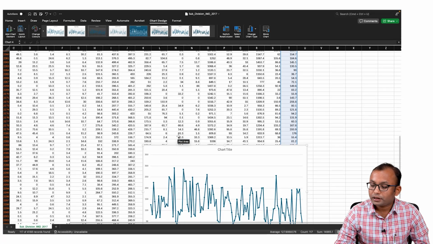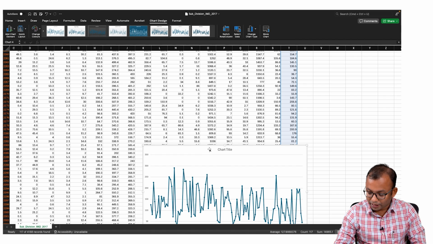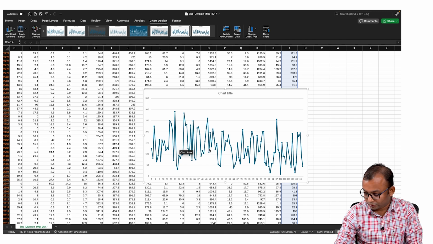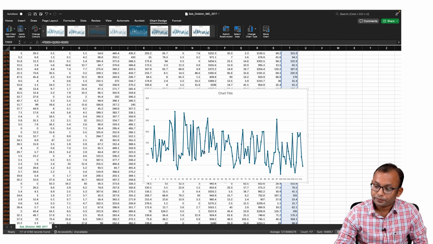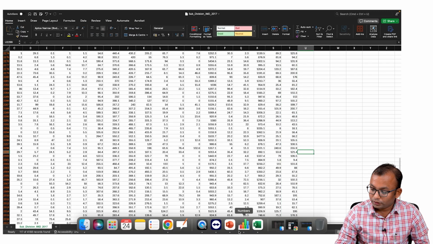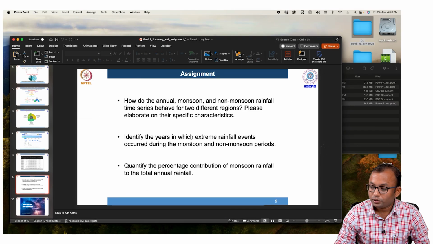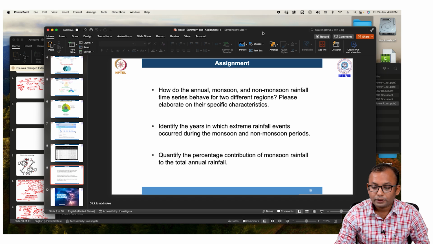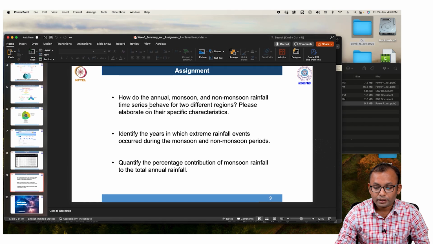So, this analysis gives an idea about how the climate behavior has changed across different months in the eastern Madhya Pradesh region throughout a century. Now, the second problem we discussed is how we can identify the years in which extreme rainfall events occur during the monsoon and non-monsoon.